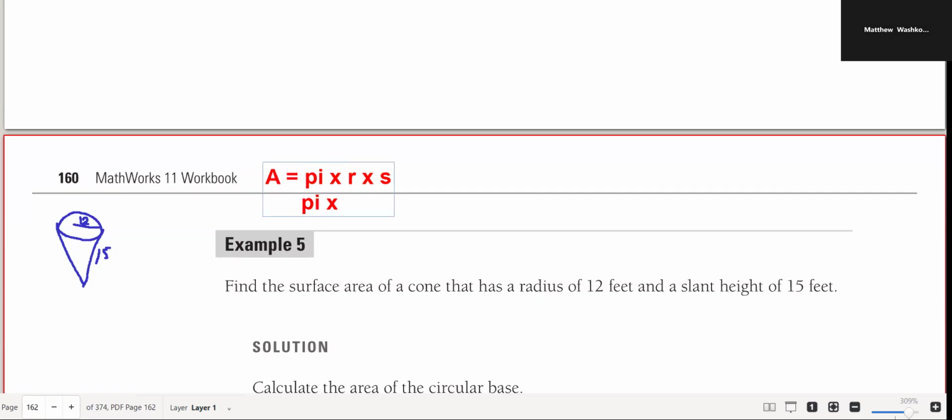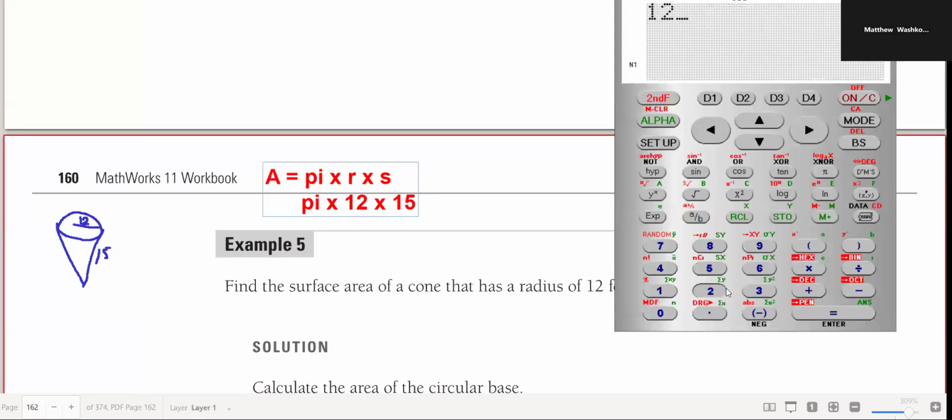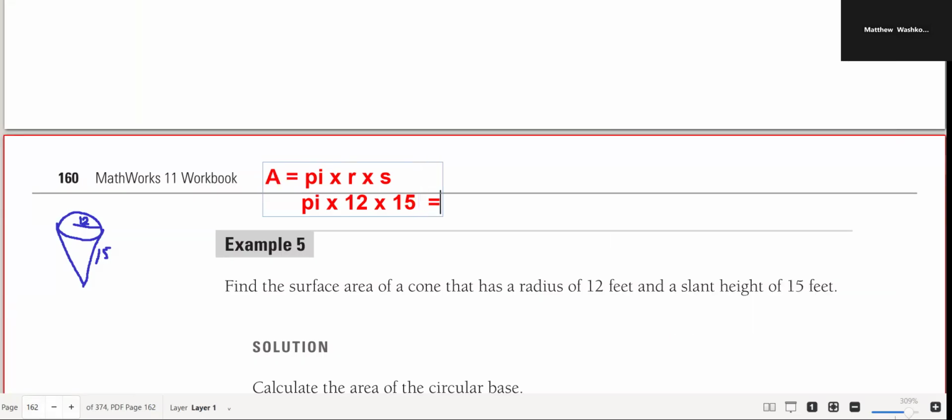Pi is pi. My radius in this case is 12. My slant length is 15. 12 times 15 times pi is 565.5. 565.5 feet squared. There's the answer for this one.